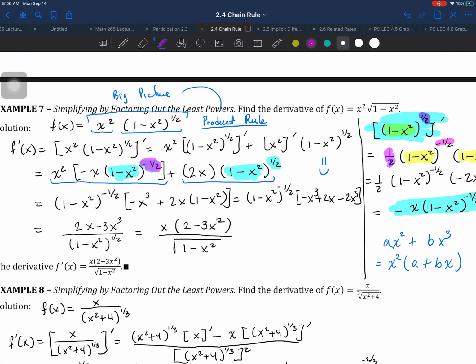Well, this is the one with the least power, -1/2. So I'm going to factor 1 minus x squared to the power of -1/2. That's what I'm going to factor from both of them. Now, if I factor that from the first term, what's left behind?